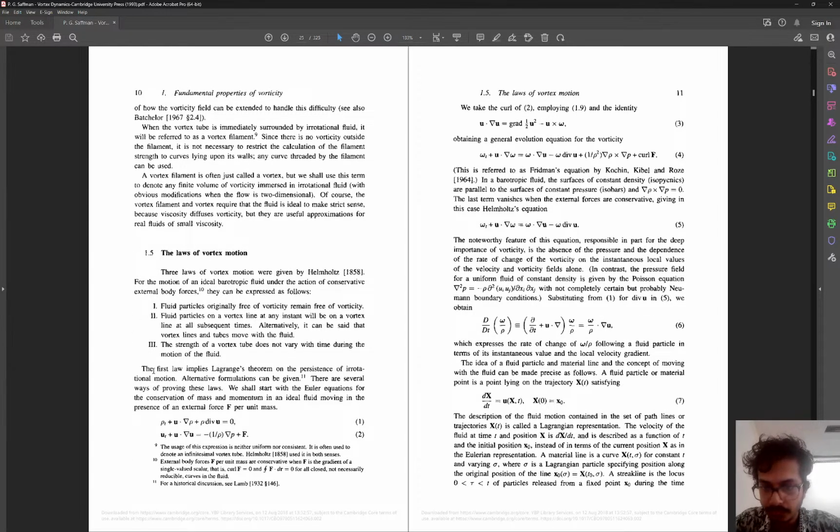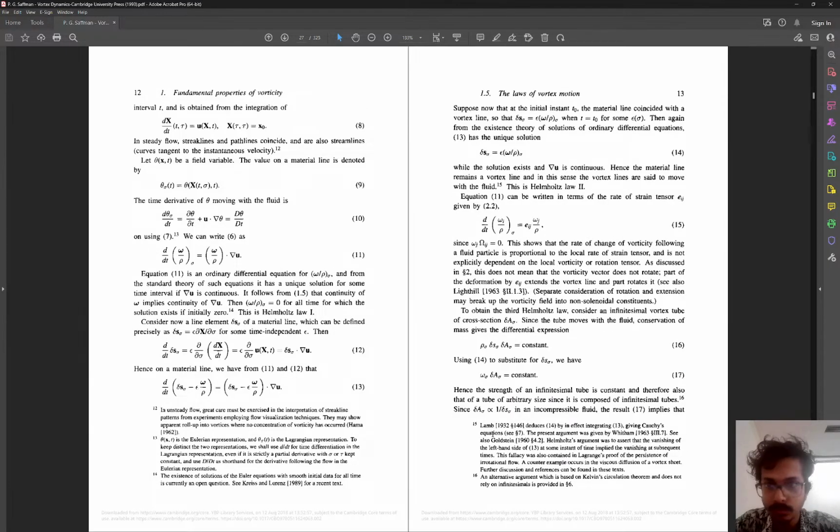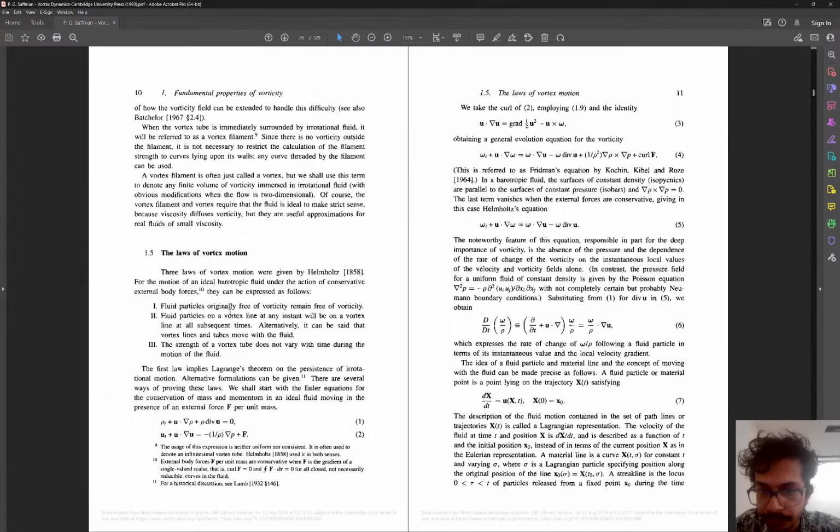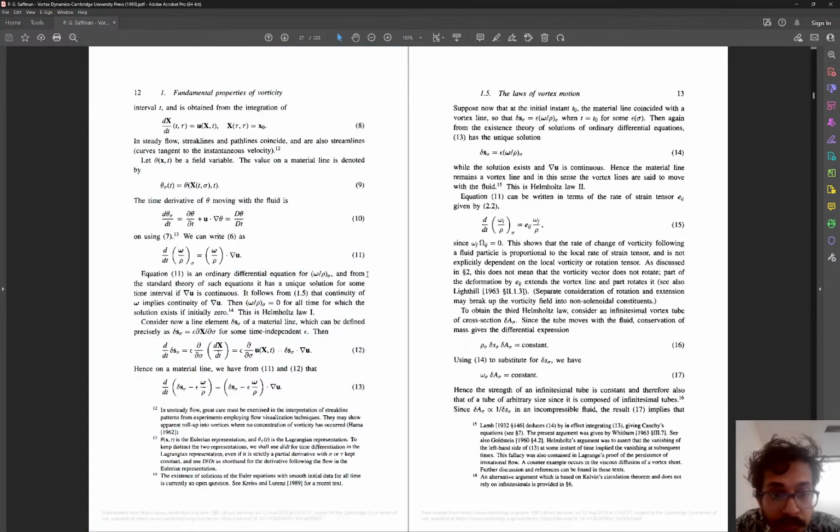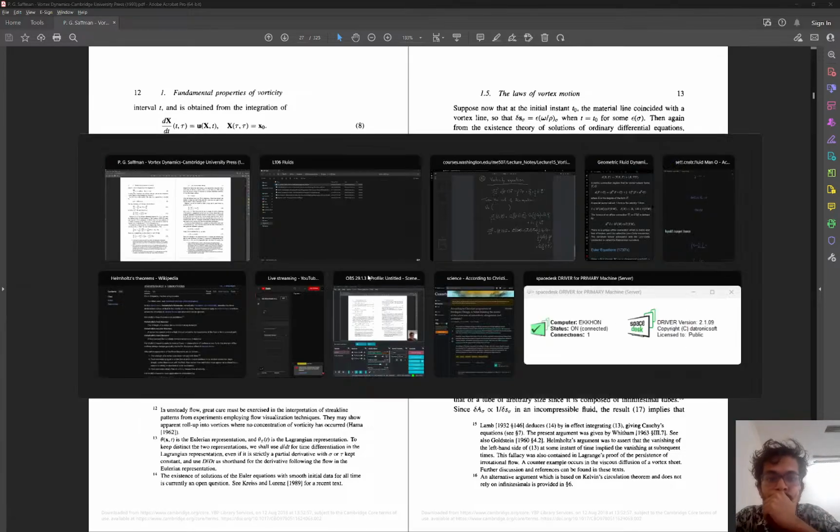What they are trying to do is take the flow map of W and then check which theorem is Helmholtz law 1. First and second should be the proof.